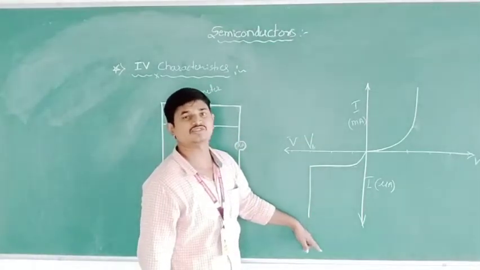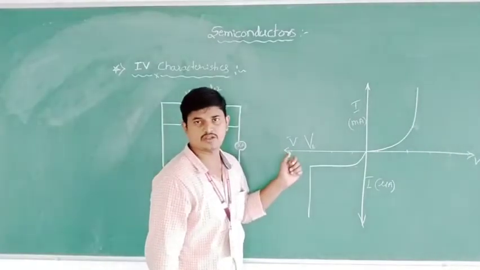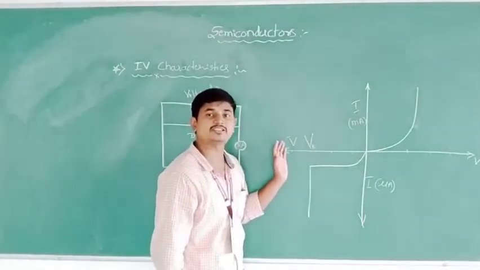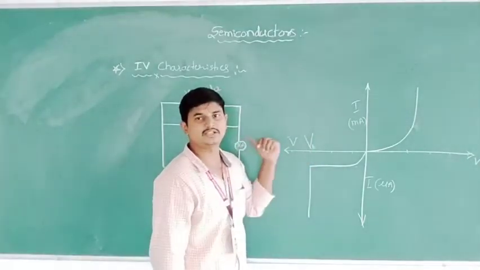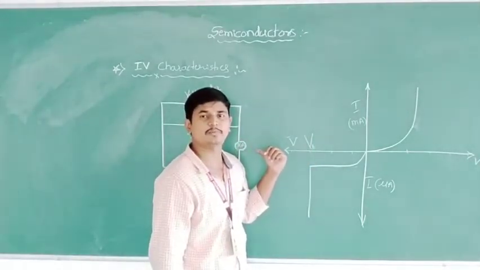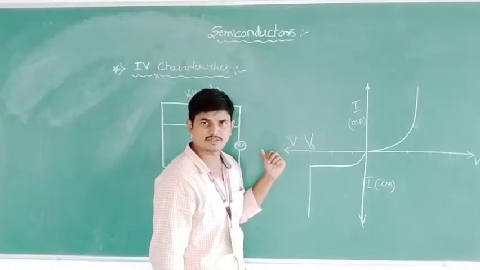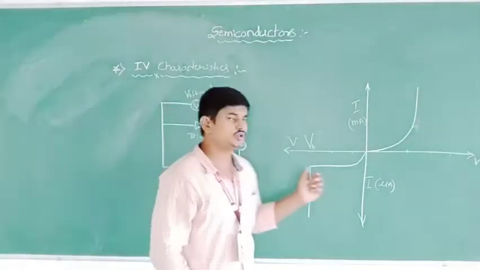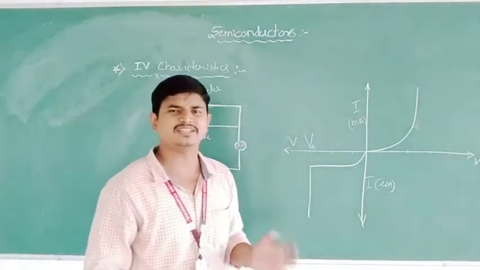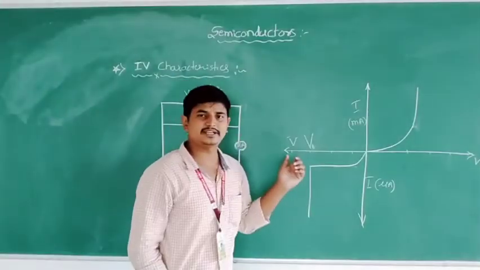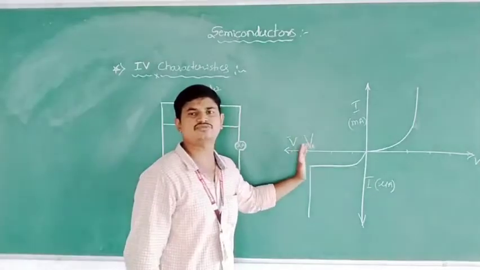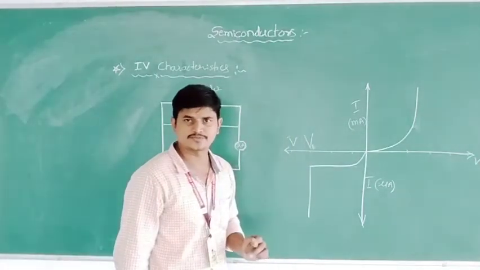There is a destruction of the device. If you increase the supply voltage more than this breakdown voltage, the device, that is the diode, will collapse. That's why the operation of the diodes should be within the range of this breakdown voltage.